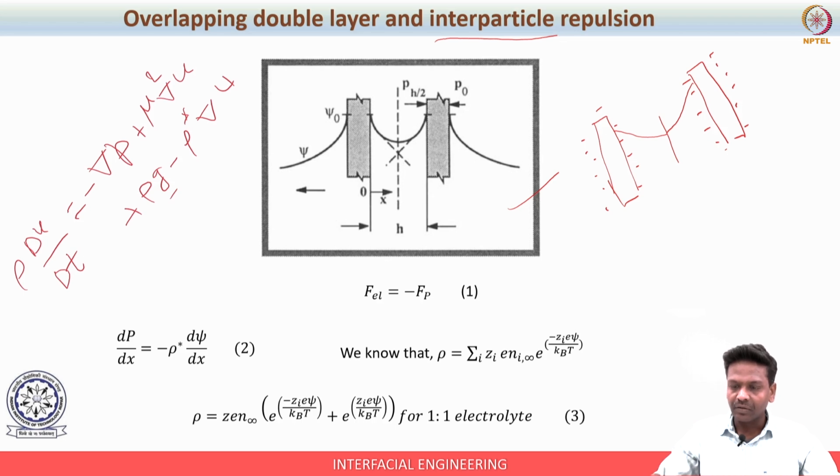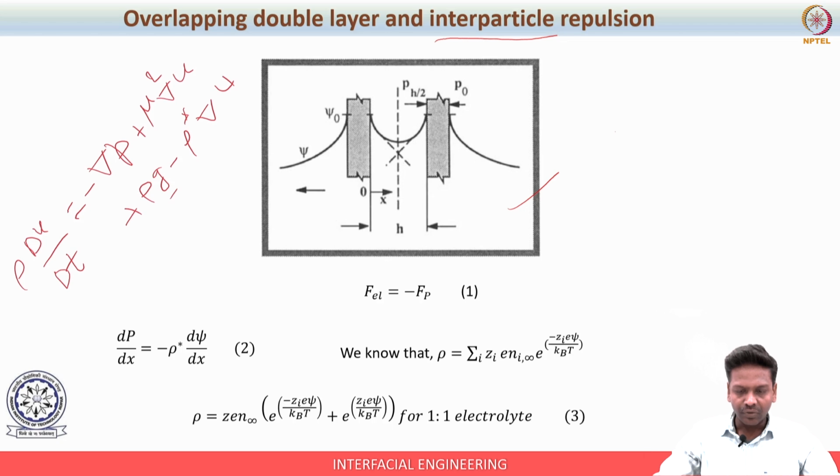That is exactly what we are looking at in this lecture. We are going to develop an equation for the electrostatic repulsion, and see how it varies as a function of the separation distance.